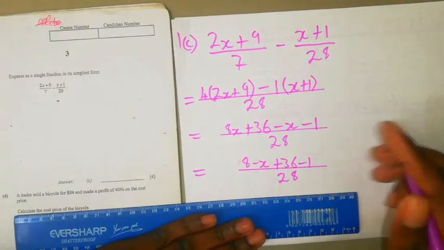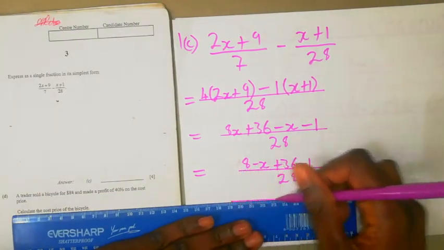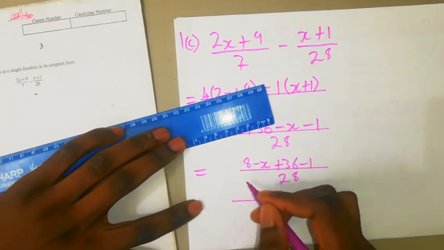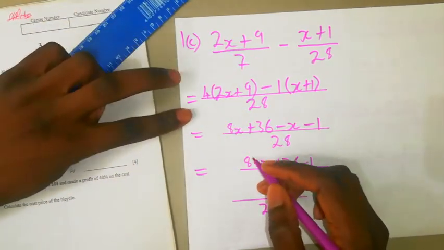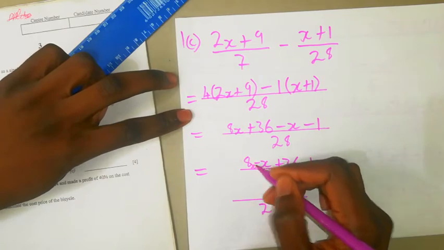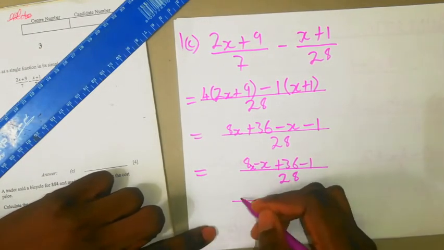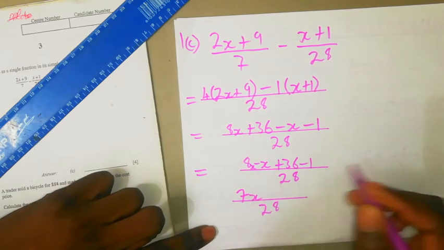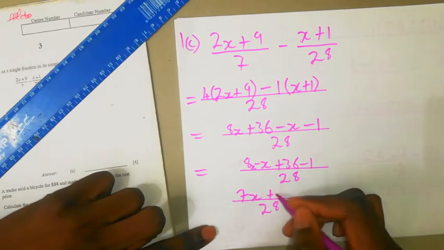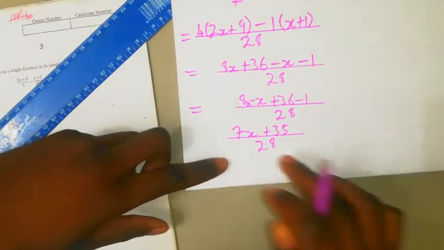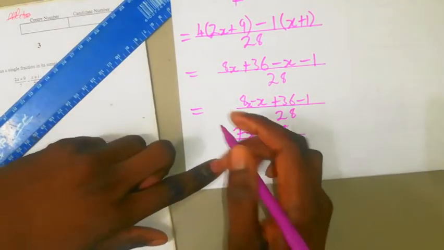Then I'm going to continue solving it. That's 28, then 8x minus x, that's 7x, then 36 minus 1, that's 35. This answer is incomplete.